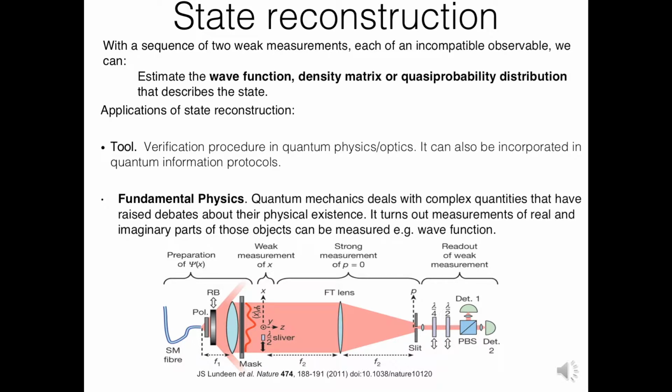Imagine you are doing a very complicated experiment, that you know what to expect at the output of it. In that case, you can reconstruct your state at the output of your setup and see if it is working properly or not. Also, these measurements give us an operational definition of the wave function, density matrix, or quasi-probability distribution, which are usually complex quantities.